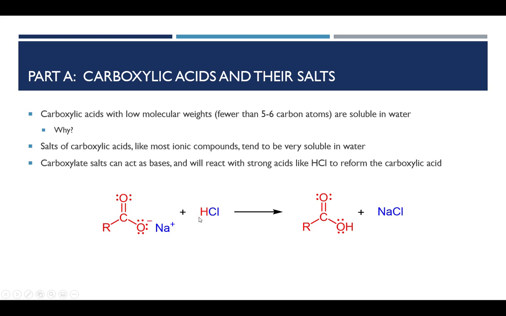Here we are adding hydrochloric acid, which is a strong acid. And since it's a strong acid, it will add the hydrogen right back onto the carboxylate ion and restore the carboxylic acid. That leaves us with the sodium ion and the chloride ion left over, and since we're in water, this will remain dissolved. Sodium chloride is soluble in water.